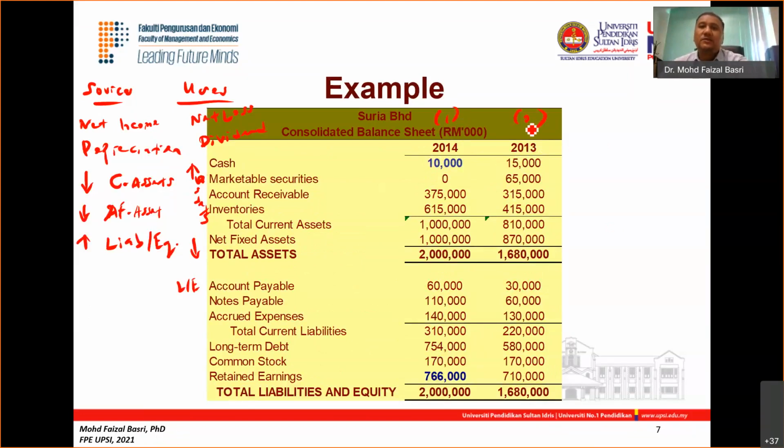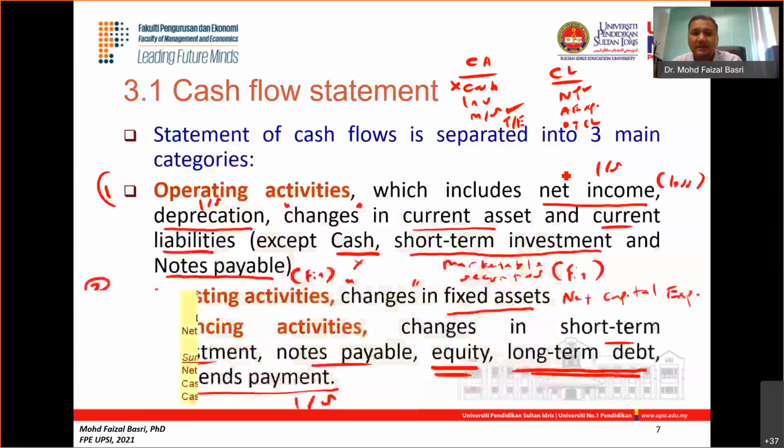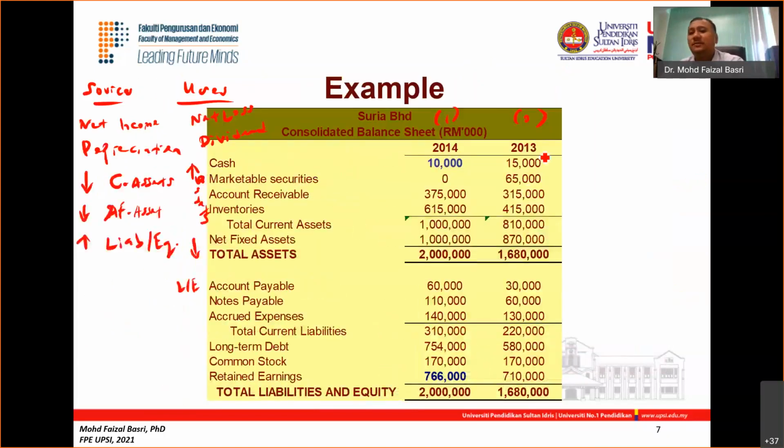So first step, when you see this kind of question, we need to find the difference, because remember, most of our steps just now are to find the changes. So when you see this question with 2 years of documents, the first thing you need to do is find the difference. How? Based on year 1 minus year 0.